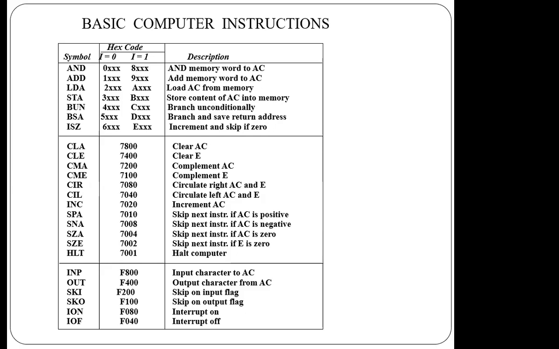When the 15th bit is 0, your range will vary from 0 to 6 when I is equal to 0. Right? It will be 0 to 6.